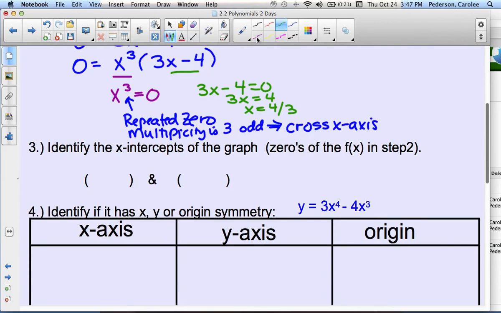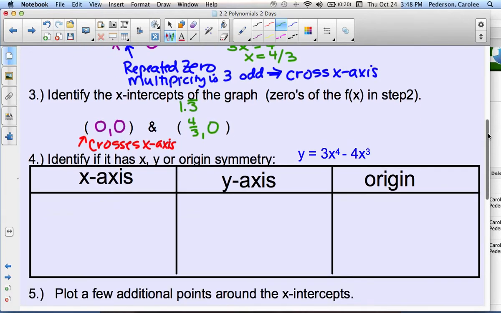We have a repeated 0 at 0, so our first ordered pair is 0, 0, which will cross the x-axis. And then we have another x-intercept at 4/3, which, if you remember, is like 1.3 repeating.